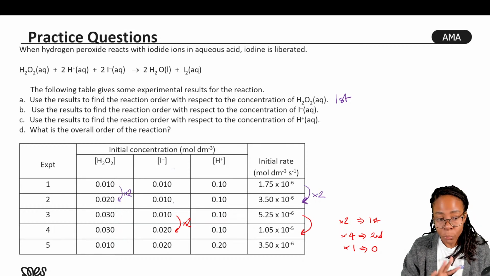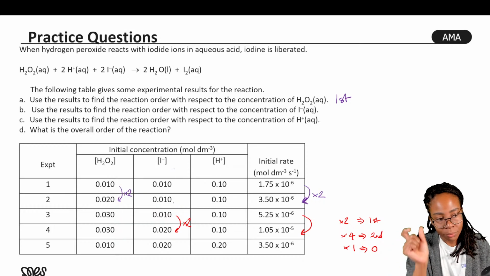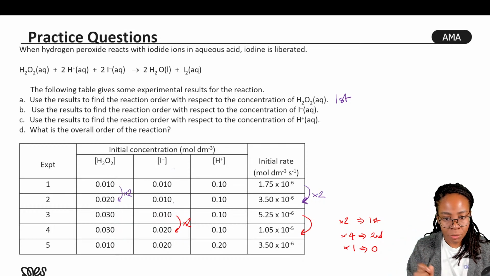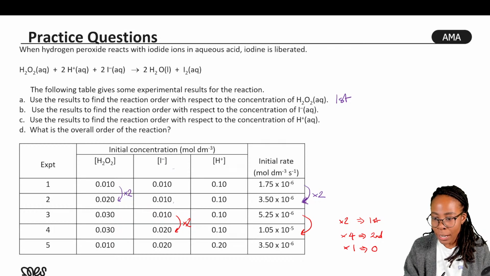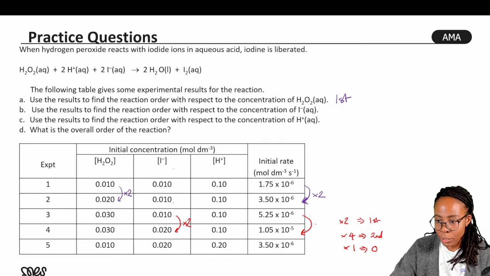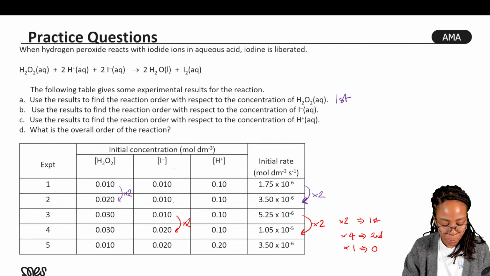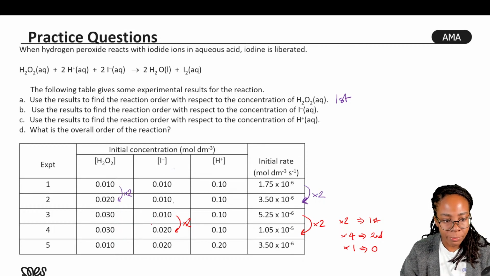If you put, let's get rid of the standard form for now. Let's just try and figure out between 5.25, yeah, Kimia, absolutely, multiplied by 2. Okay, because 5.25 multiplied by 2 gives us 10.5.